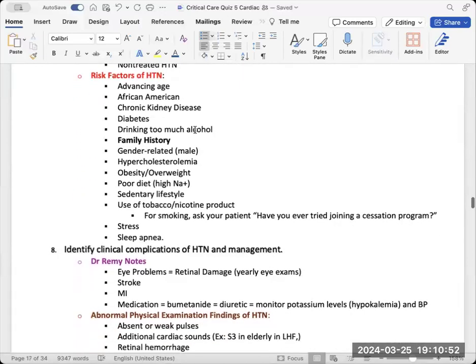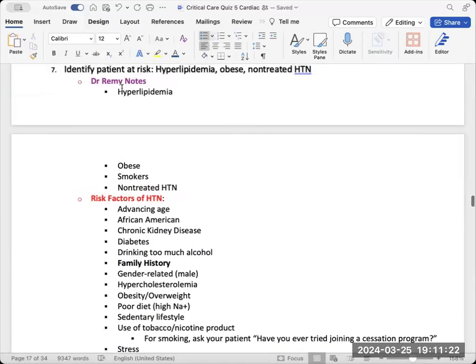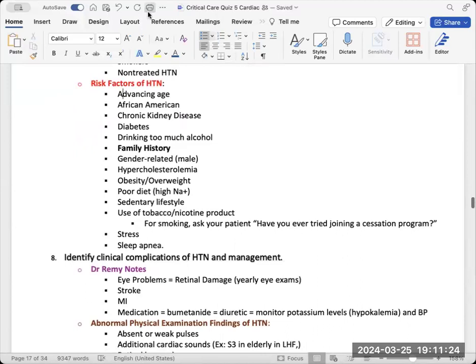But according to the textbook, risk factors for hypertension are advanced age, African American heritage, chronic kidney disease, diabetes, drinking too much alcohol, tobacco use, family history, male gender, obesity and overweight, inactivity, hyperglycemia, a poor diet, a sedentary lifestyle, stress, and sleep apnea. All of these put you at risk for hypertension. And I mostly think that is okay.